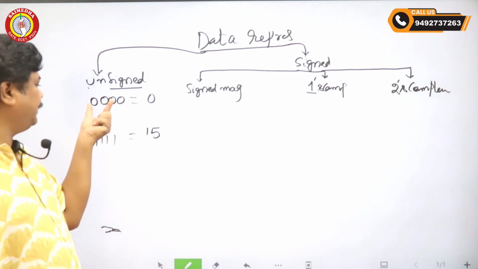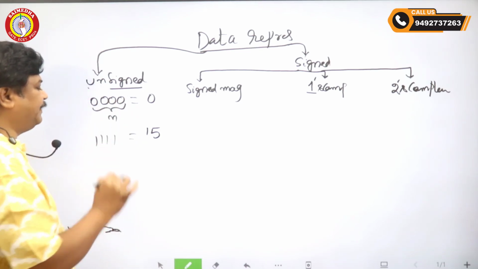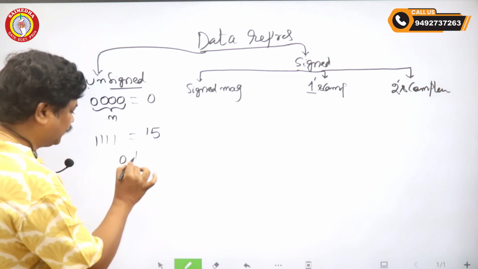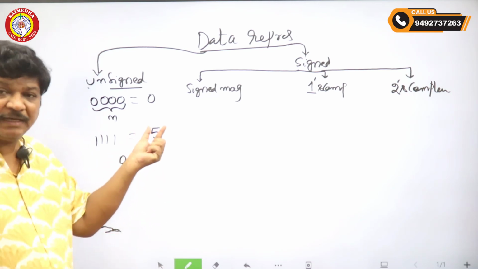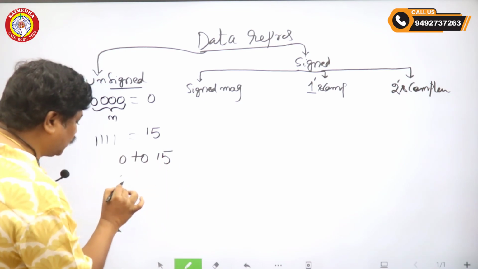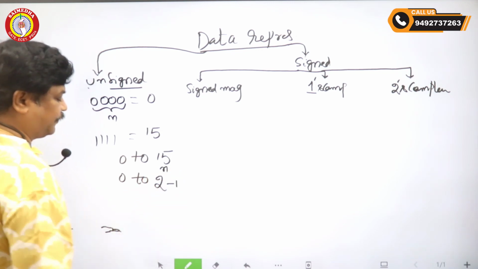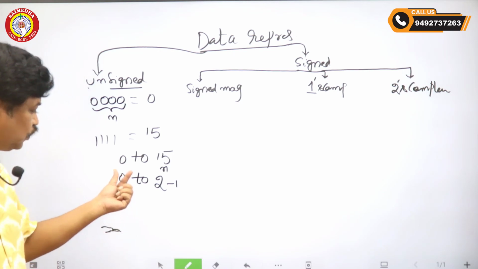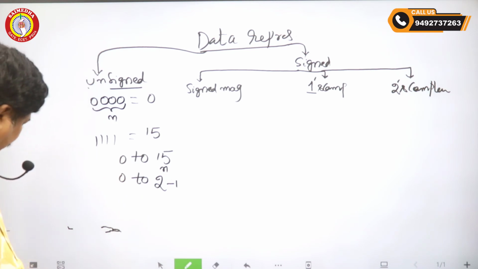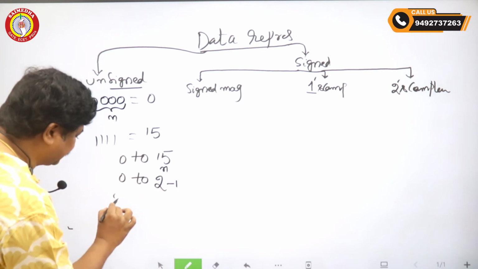Out of 4 bits, if I take n bits, what is the starting number? 0. What is the last number? 15. So how to write this? 0 to 2 power of n minus 1. What is this n? N is nothing but the number of bits.